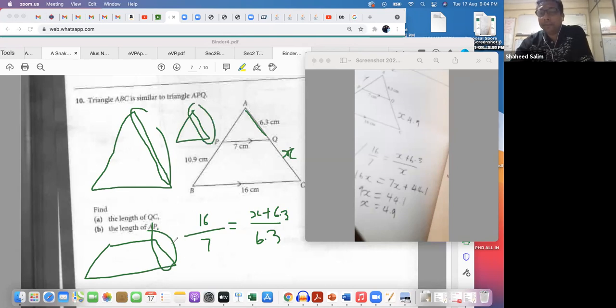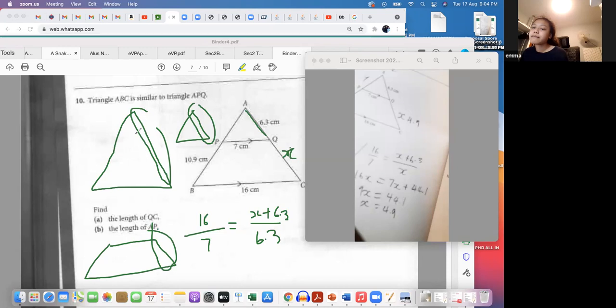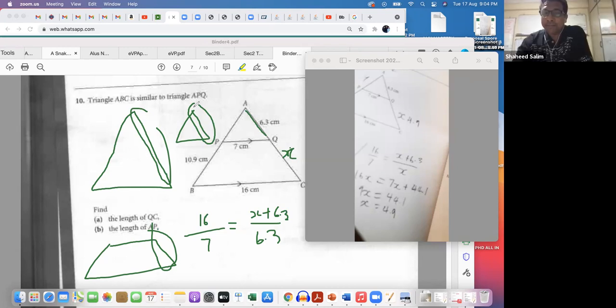Can you see now? This must be divided by this. Are you okay?